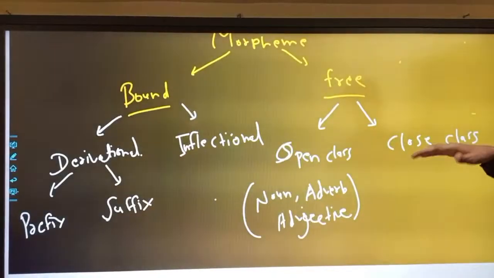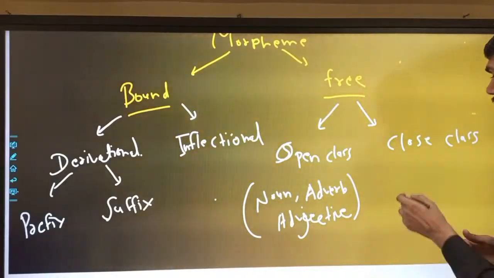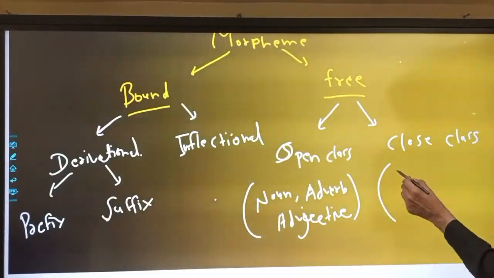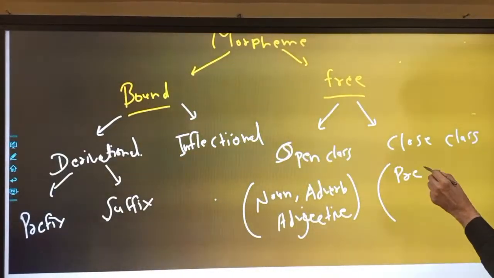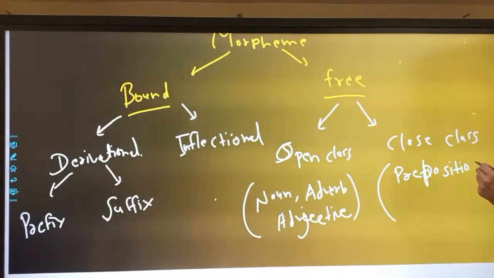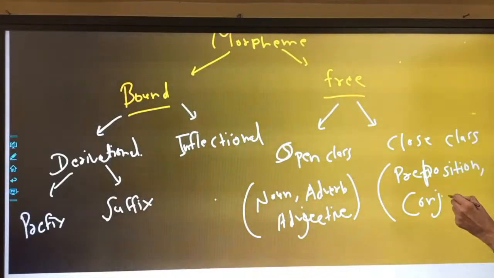And on the contrary, the closed class morphemes are those morphemes to which we cannot add new words. For example, we cannot add a new preposition in the English language. So prepositions are closed class morphemes. Conjunctions, we cannot add a new conjunction.